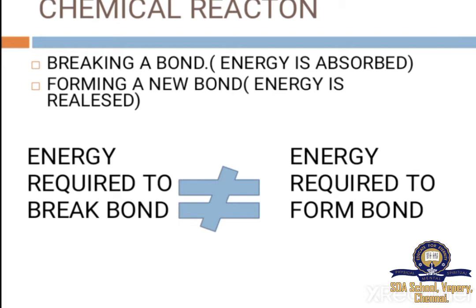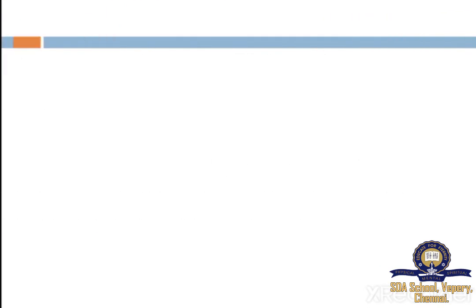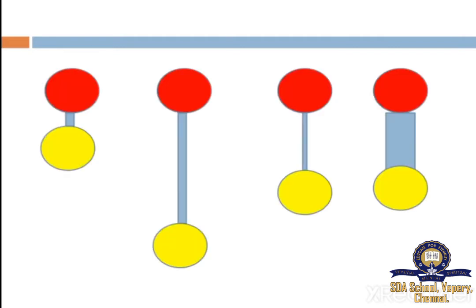And the energy required to break the bond and the energy required to form the bond is not equal. Why? Because all the bonds are not the same. Some bonds are shorter, some are longer, some are thinner and some are thicker. Do you think the energy required to break all these bonds is equal?